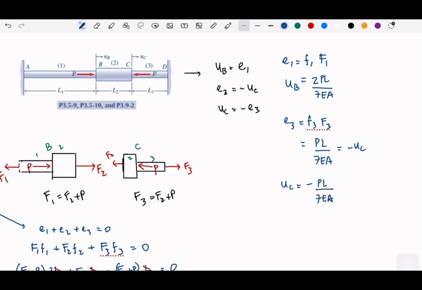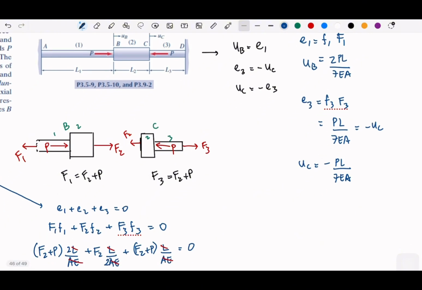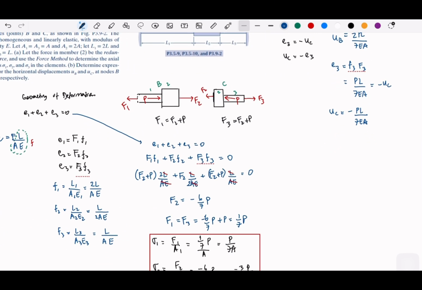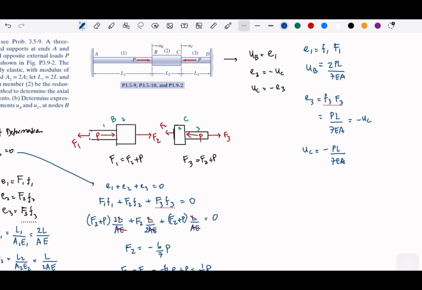Okay, so basically, after you get all the solving the equation, get all the force, get all the displacement, you can figure out each stresses and then figure out the specific displacement on the joint. So this is UB, UC.